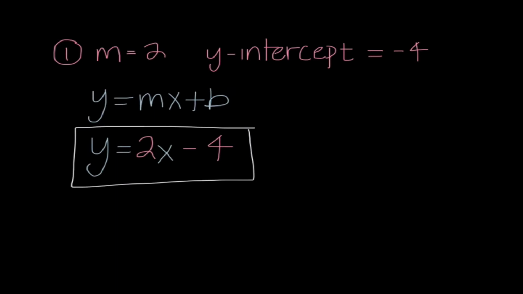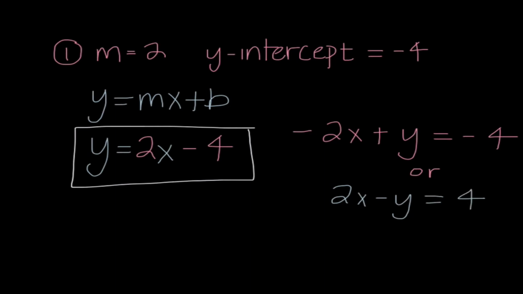So one way we could do this, we could go ahead and subtract 2x. So I would have -2x plus y equals -4. Or the other way we could see this, often we'll see our x value as being positive. So if I multiply that entire thing by a -1, I would get 2x minus y equals 4.